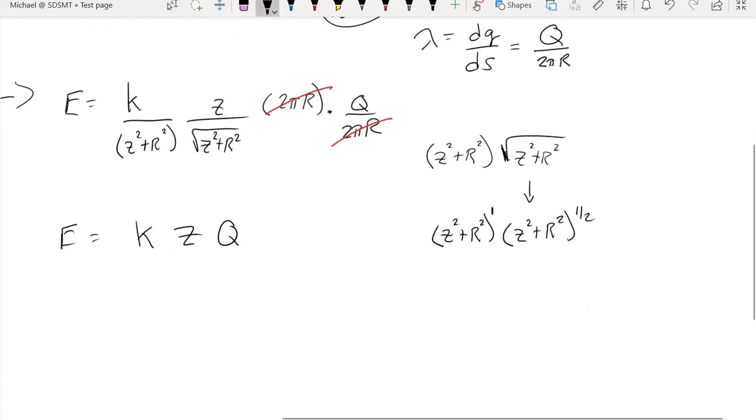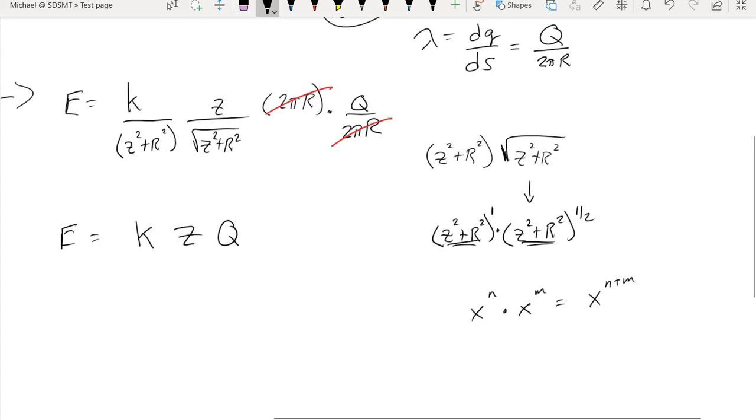And now we have a product of two like bases. In other words, if you think back to your days in algebra, if you had two like terms that were multiplied together, then you could add the powers together to get a single term. And that's exactly what we're going to do here. The bases of these power terms are the z squared plus r squared.